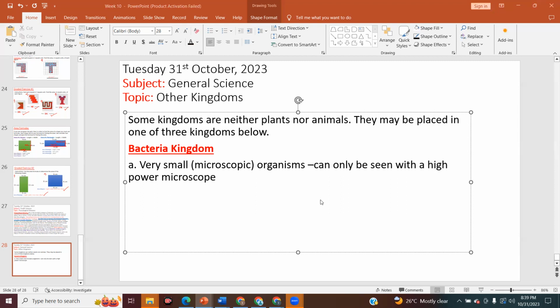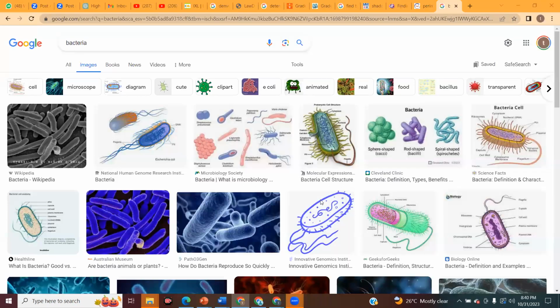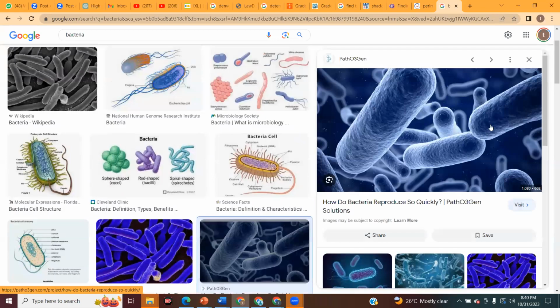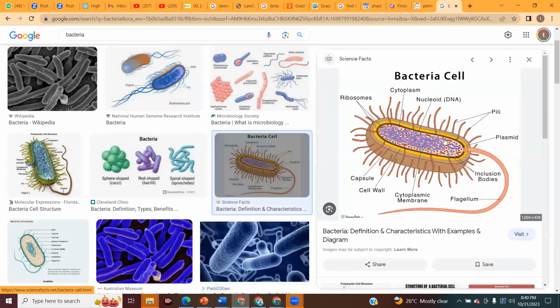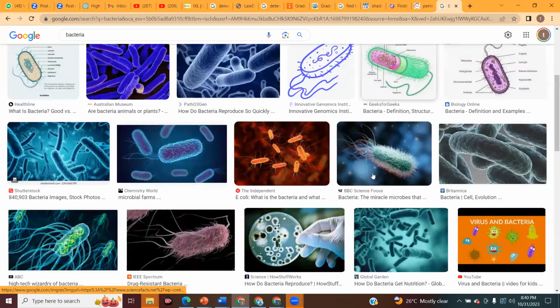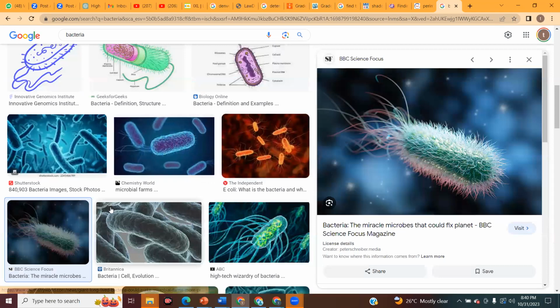If you're trying to figure out how a bacteria looks, they are very small, and this is how they look underneath the microscope. There are different pictures showing bacteria, the bacteria cell, the flagellum that helps them to float. But they are very small, just like a cell. And they look funny.